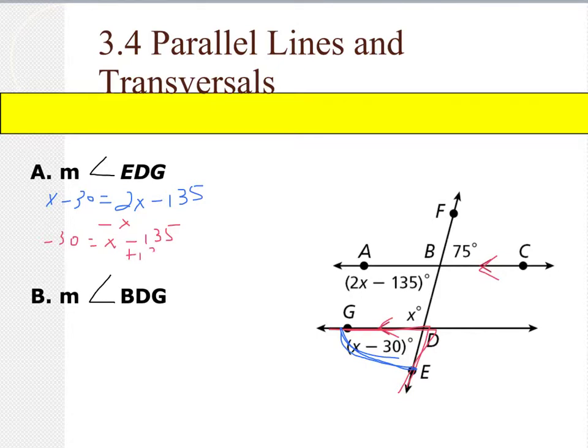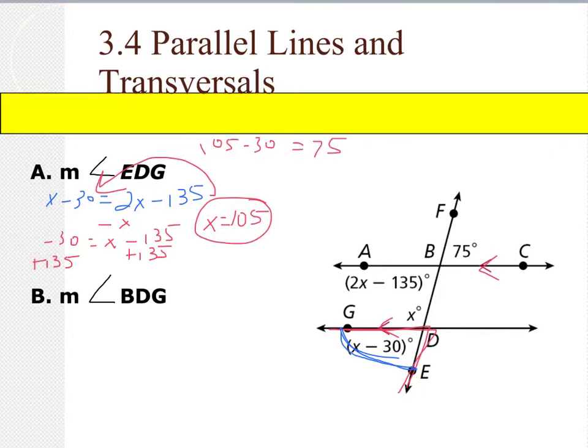Add 135 to each side. X is equal to 105. Okay, when we do that, we would need to then plug it back into x minus 30, which makes it 105 minus 30 to make it 75 degrees.